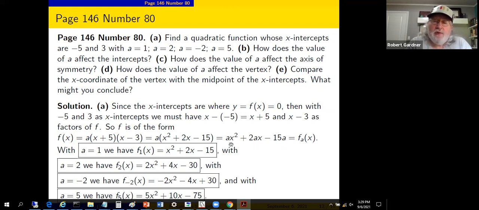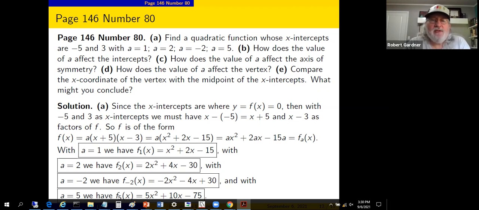For a equals 2, plug in 2, we'll get 2x squared plus 4x minus 30, as given down here, f sub 2. Plug -2 in for a, we'll get -2x squared minus 4x plus 30, as given here, f sub -2. For a equals 5, plug in 5 for a, and it produces this function. For what it's worth, there are those functions of that form.